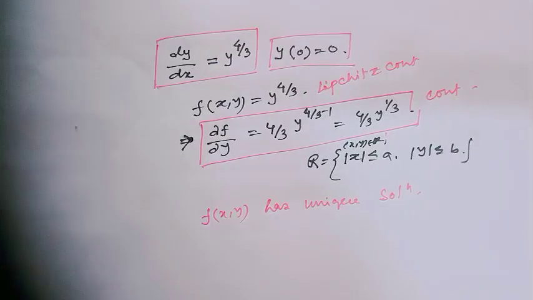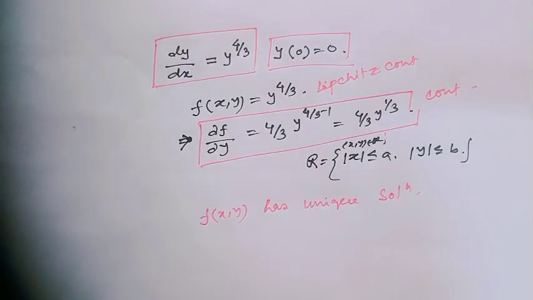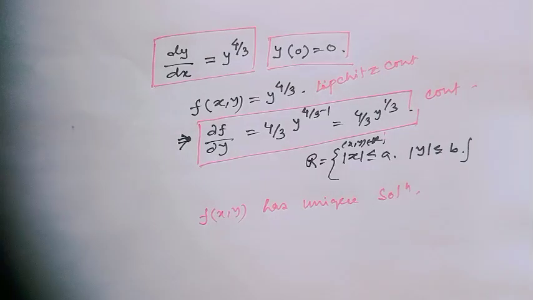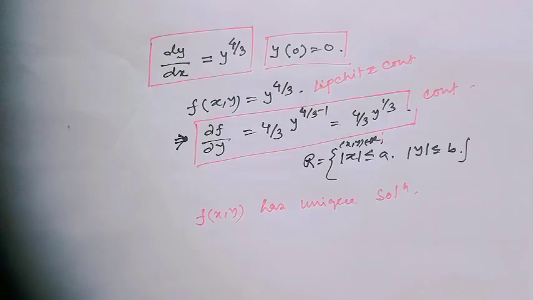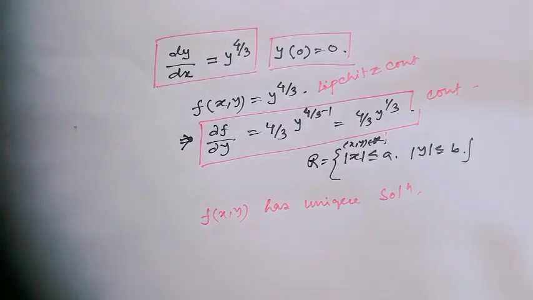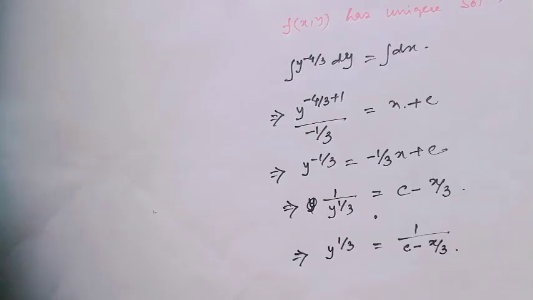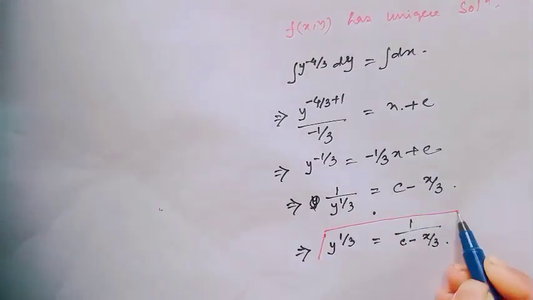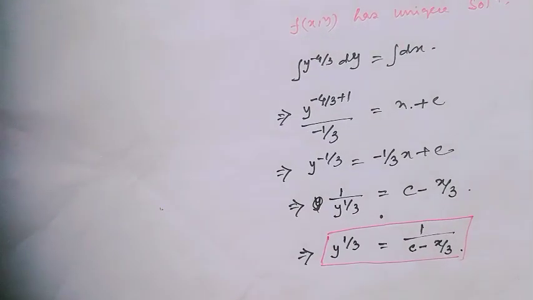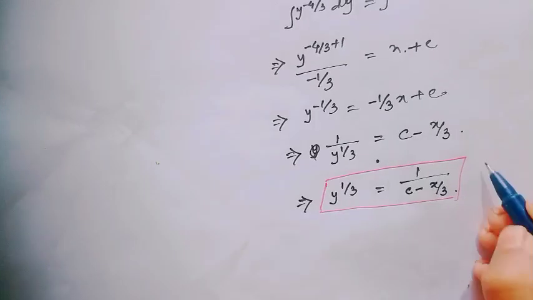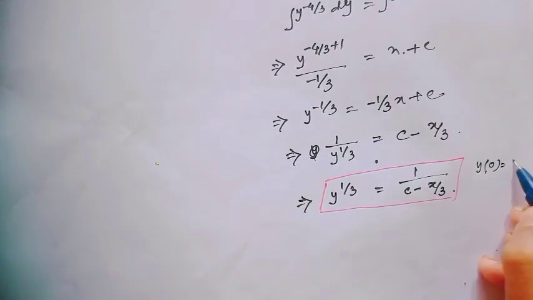I hope all viewers have understood this concept easily. Next, I will show what the solution looks like. At first, consider that a non-trivial solution exists. For the non-trivial solution, by separation of variables, the solution would be y to the power 1/3 equal to 1/(c - x/3). And here the condition is y(0) equal to 0.